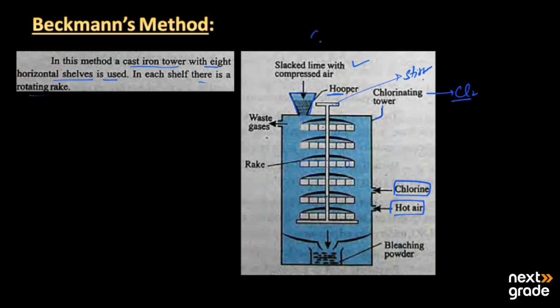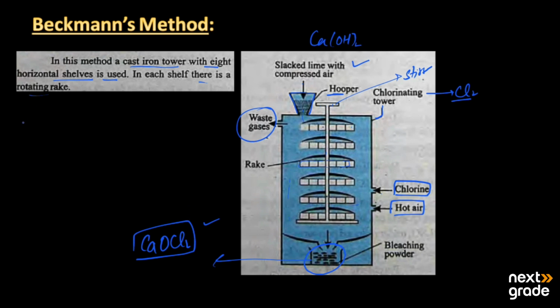The slaked lime, which is calcium hydroxide, reacts with the chlorine, and at the end it produces bleaching powder, which has the formula CaOCl2. The waste gases produced in this process are removed, and at the end we gain the main product, bleaching powder.